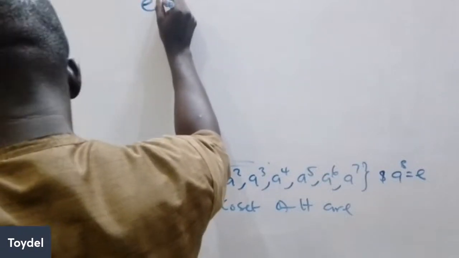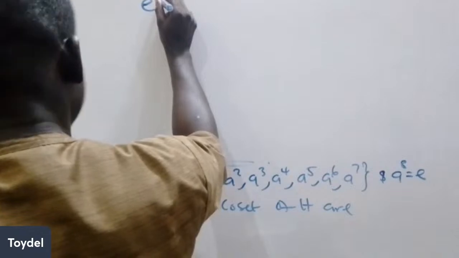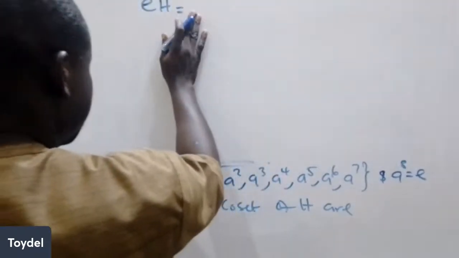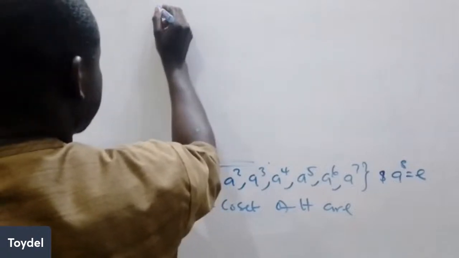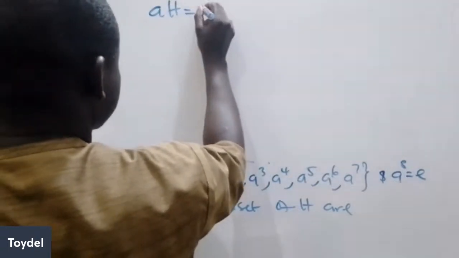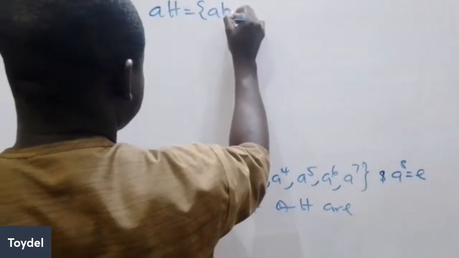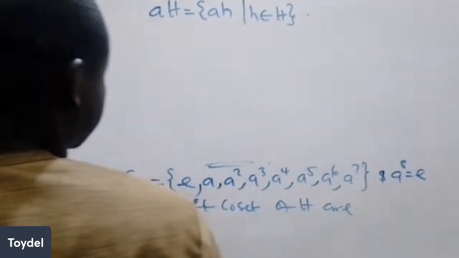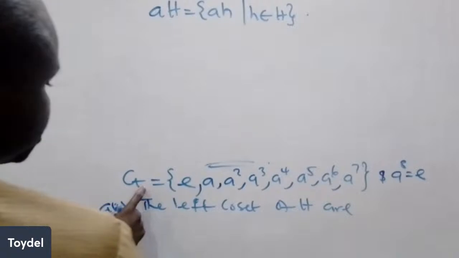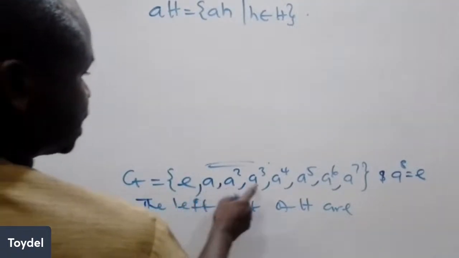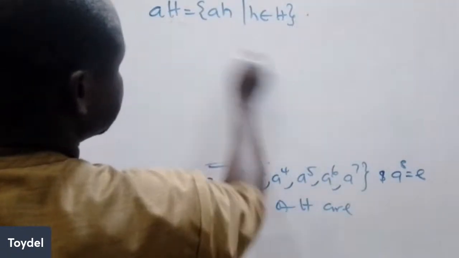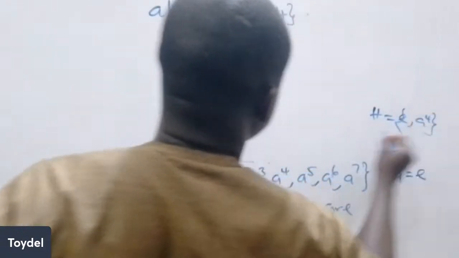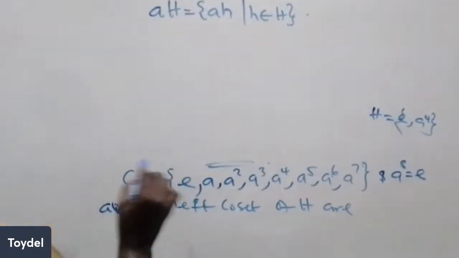When we say left, we know the meaning: aH is equal to ah, given that h belongs to H, where a is coming from G. I'll be picking these elements one after the other. H is defined as E and A4, so that I don't have any confusion.